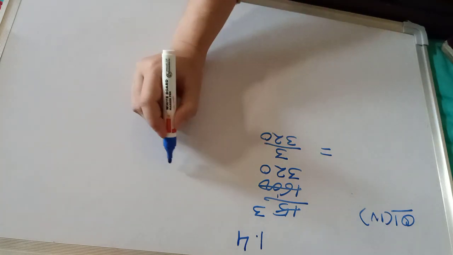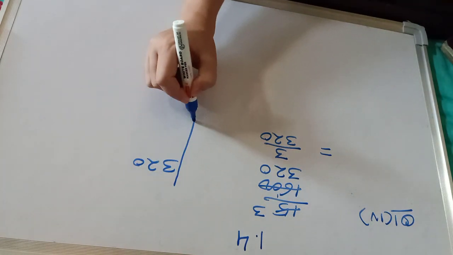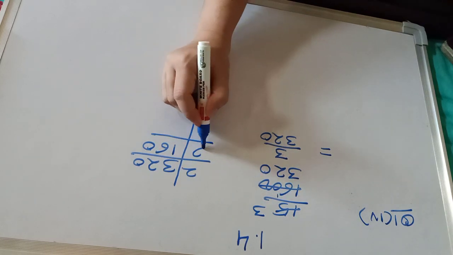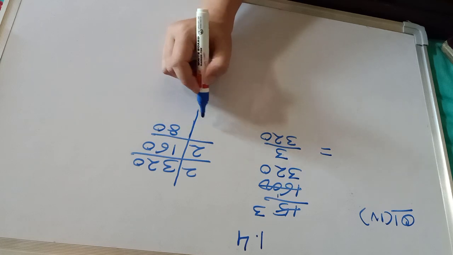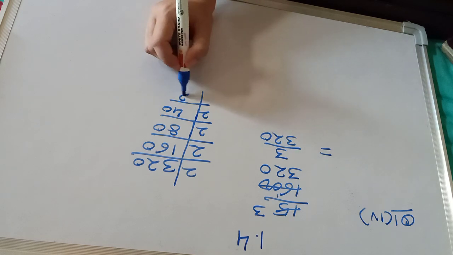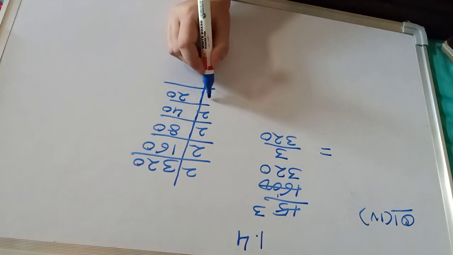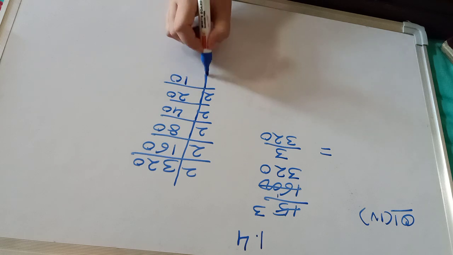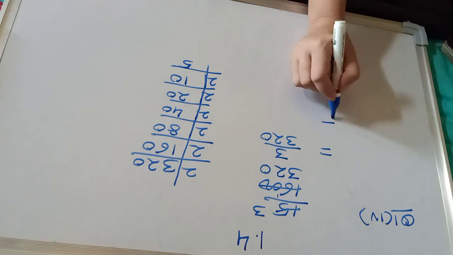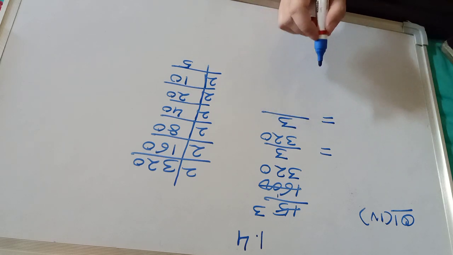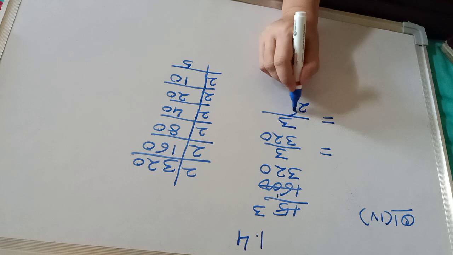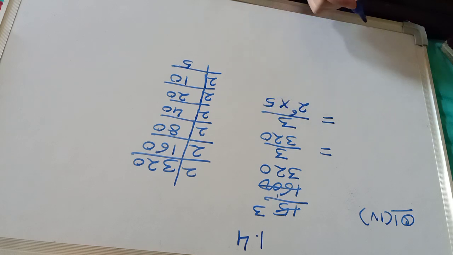With 2, 8, 40, 2, 20, 2, 10 and 2, 5. 320 can be written as 2 raised to power 6 into 5, so the fraction is 3 upon 2 raised to power 6 into 5.